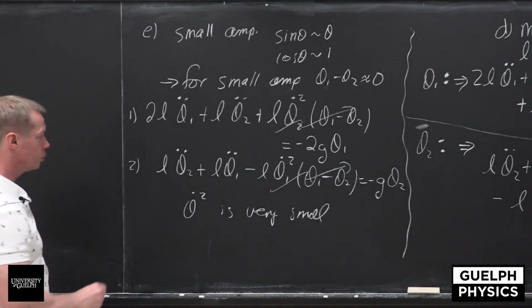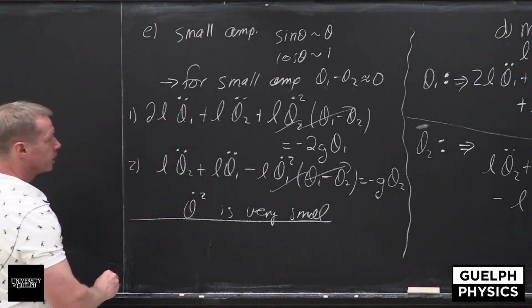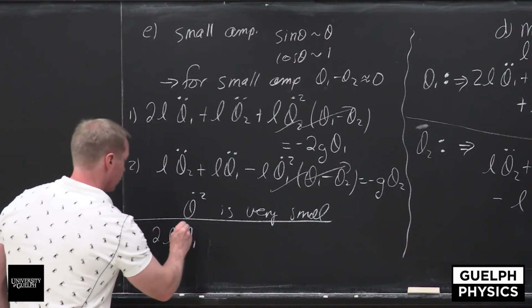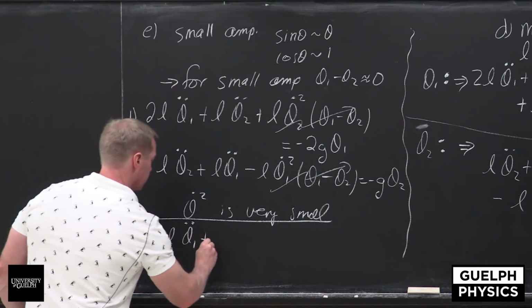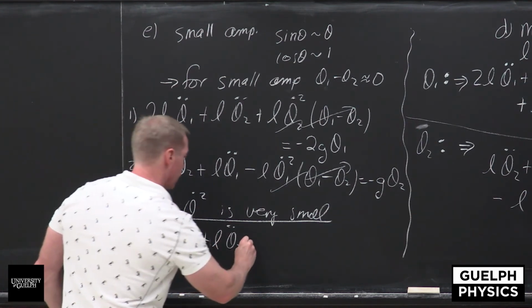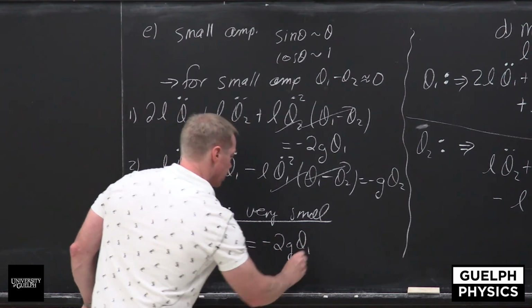So with those two approximations, we end up with our equations: 2L theta 1 double dot plus L theta 2 double dot equals minus 2g theta 1.